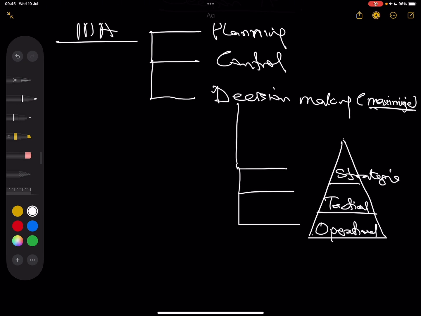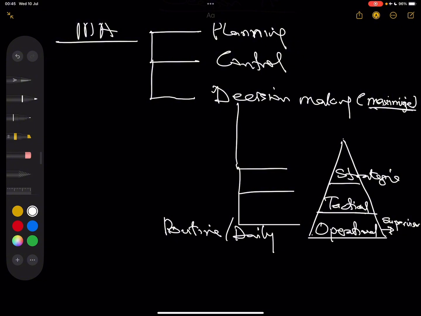Just need to know, for operations, these are just routine activities, daily activities. And these decisions are made usually by supervisors. They are routine, daily, common activities.